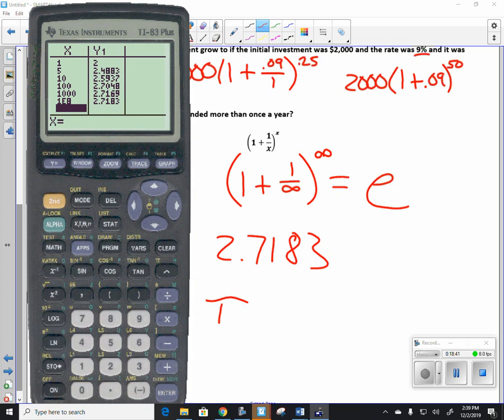Kind of like pi. Pi is what? Very good. So just like pi is very important in geometry, e is extremely important in algebra and especially exponential studies.